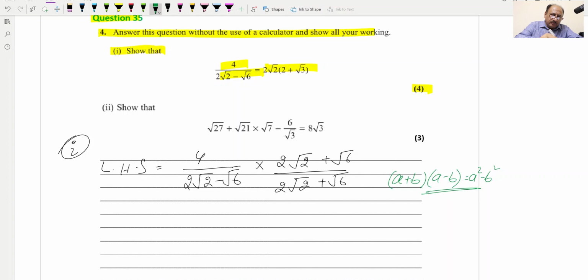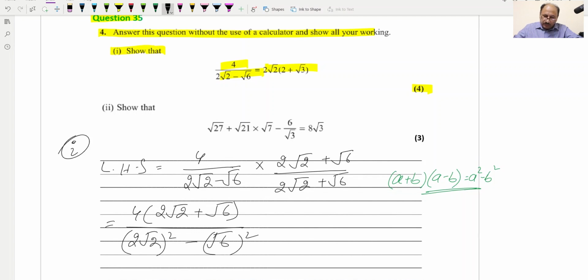This formula will be applied on the denominator. So this will be 4 into 2 under root 2 plus under root 6, divided by 2 under root 2 squared, which is a squared, minus under root 6 squared.